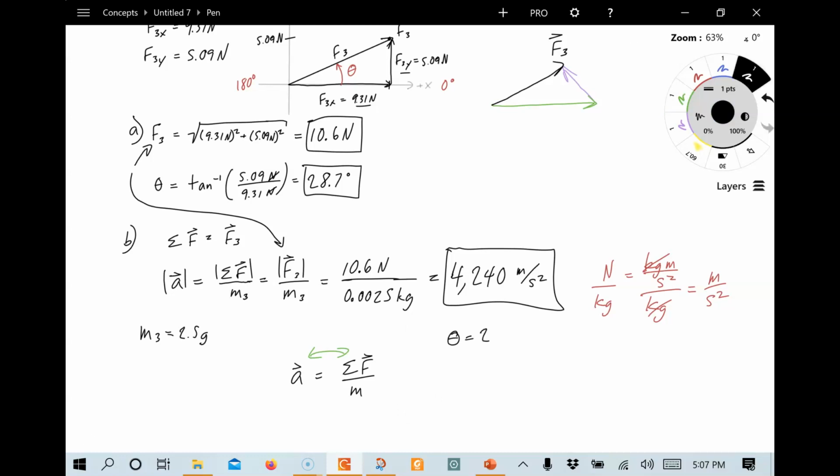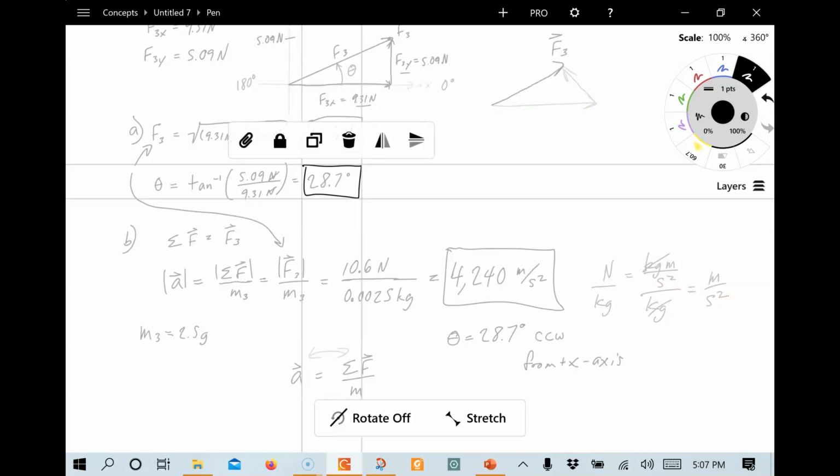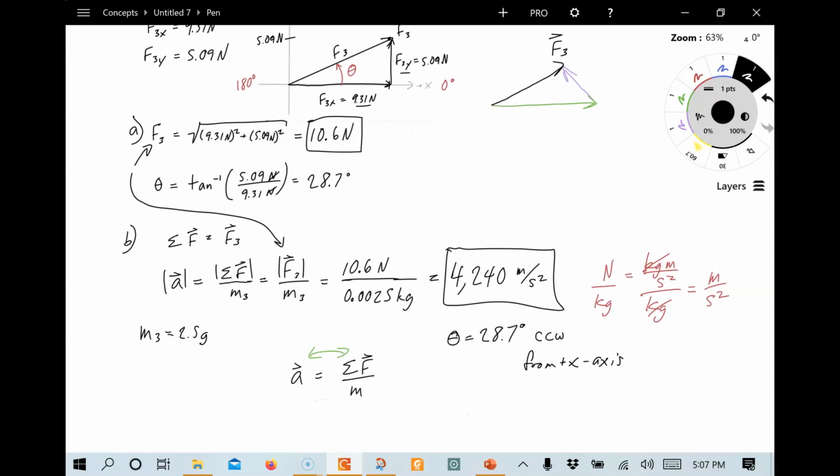So we could also say this is 28.7 degrees counterclockwise from the plus x axis. And in fact, over here, I should have specified this one as being from the plus x axis. So there we go.